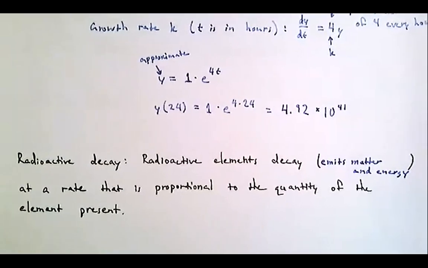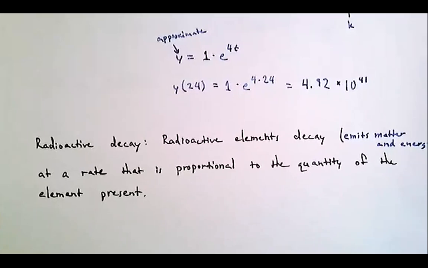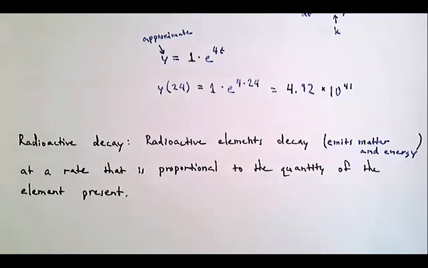So radioactive decay is related to, well, you might have heard of things like uranium and plutonium and those kinds of dangerous elements. That's what this has to do with. And the way that radioactive decay works is that it occurs at a rate that is proportional to the quantity of the element that you actually have.